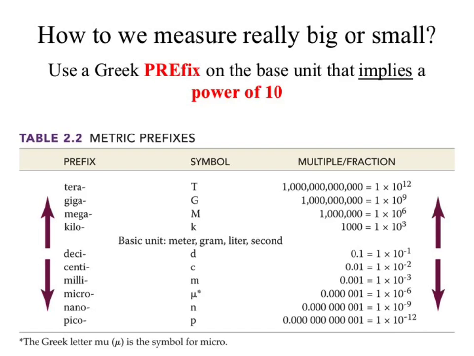What is that? 1,000, million, billion. Is that trillion? A trillion grams. How often do you think we're going to work with a trillion grams? Probably never. So is that going to be a useful thing to memorize? No, because you'll probably never use it.